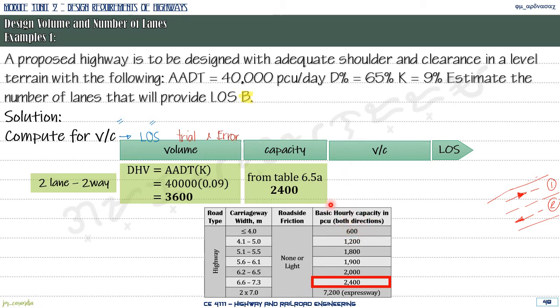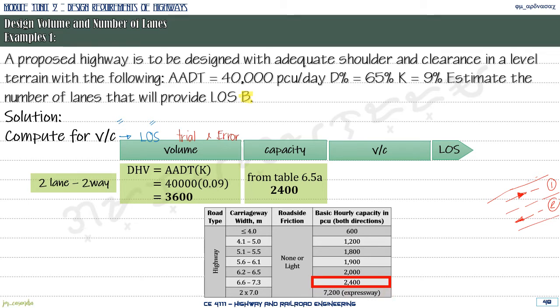So we want a smaller volume capacity ratio in order to have a lower LOS or a better LOS. So using now the maximum value, this will now give us the smallest ratio for your volume and capacity. Okay? So since we're talking about highways, even if the maximum value here is 7,200, hindi ito yung gagamitin ninyo.